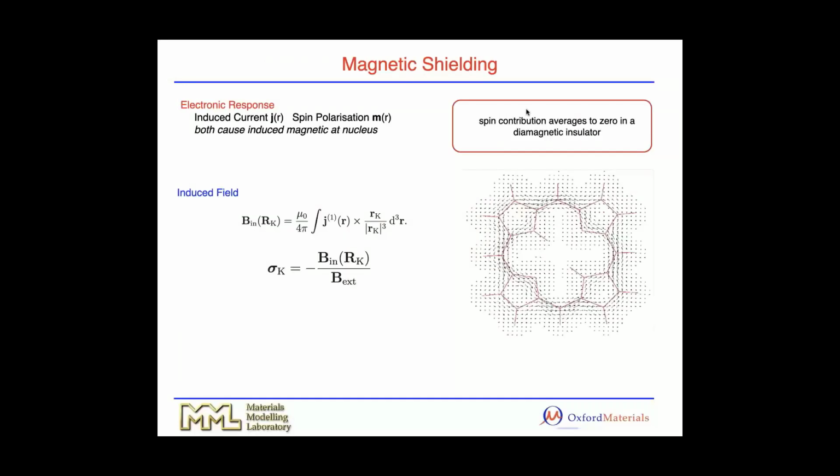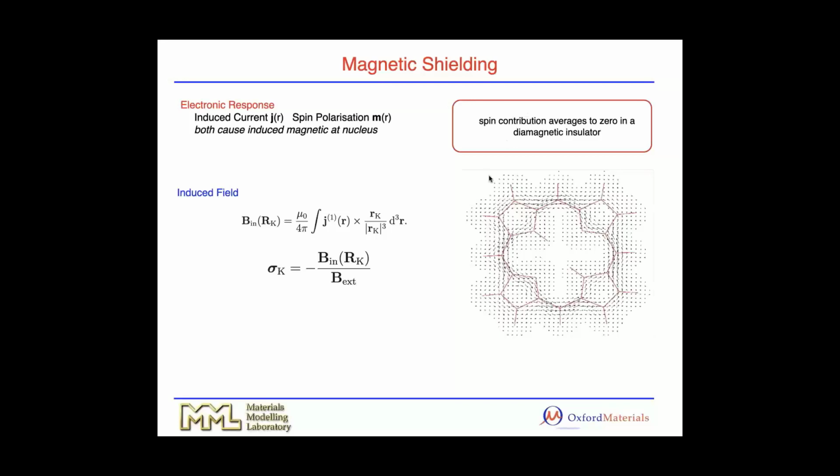Okay. So the key NMR parameter, perhaps the most useful, is the magnetic shielding. This comes into play because we're measuring the precession frequency of the nucleus, and that is related not to the applied magnetic field, but to the magnetic field actually at the nucleus. That changes very subtly depending on the chemical environment, due to the magnetic shielding effect.